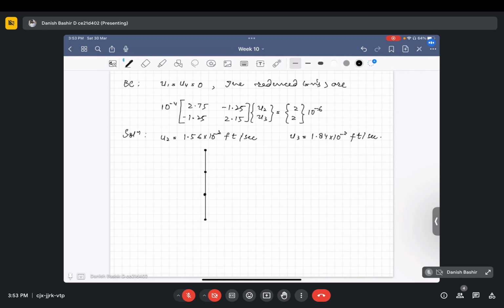So we have fluid flow of 0.0156 feet per second here, and fluid flow of 0.0184 feet per second here. So the fluid profile will be like this.